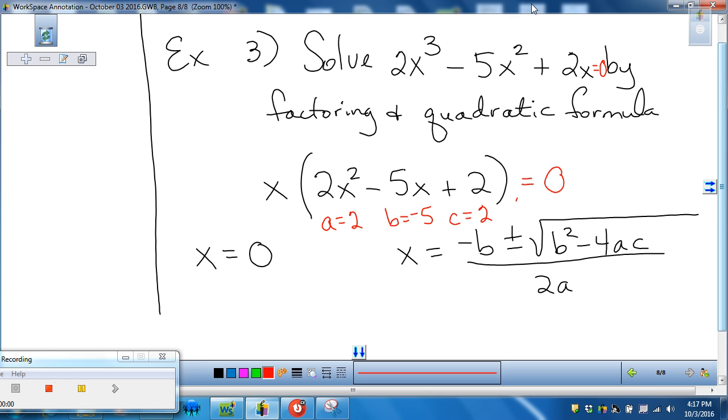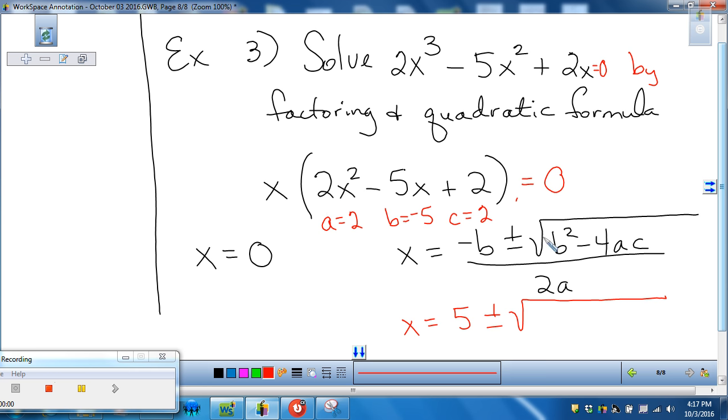Okay. So we're now going to plug these values in for the a, b, and c in the formula. So we have x equals the opposite of b. Well, the opposite of a negative 5 is a positive 5, plus or minus square root b squared.